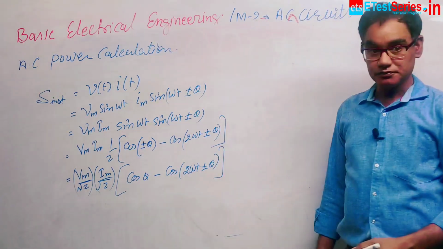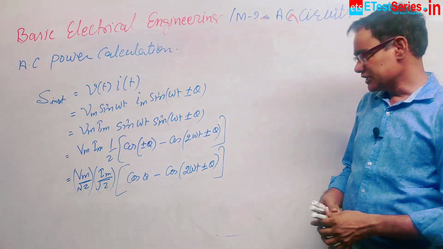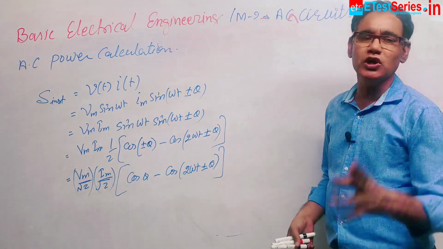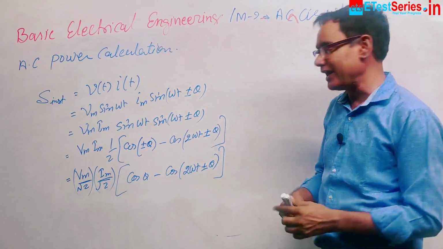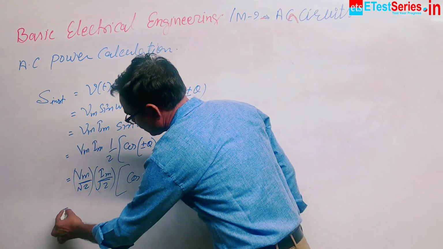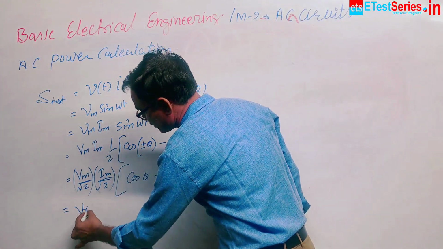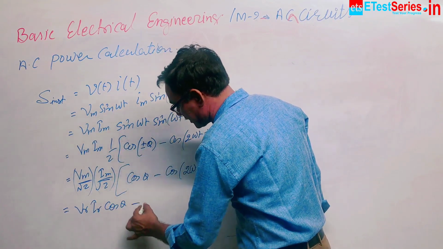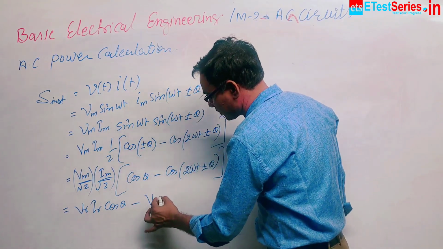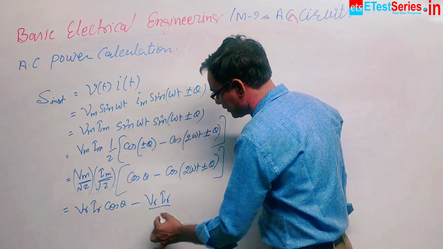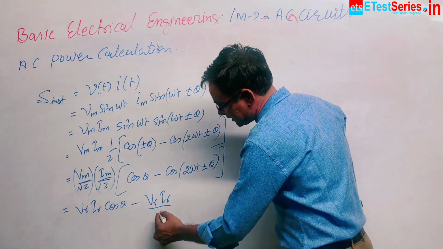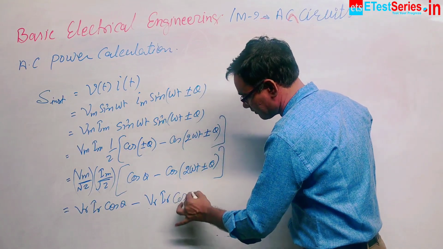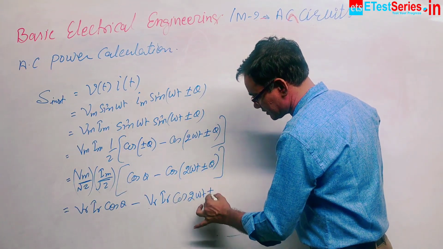So this instant value gives two components. One is the average value: the RMS value of the voltage, the RMS value of the current, into cos of theta. The other is minus the RMS voltage and RMS current into cos of 2 omega t plus minus theta.